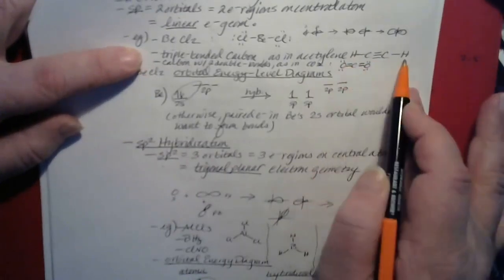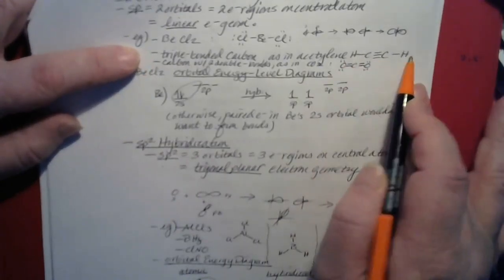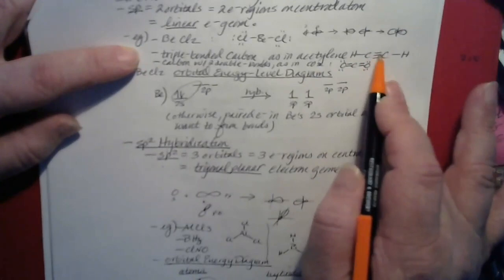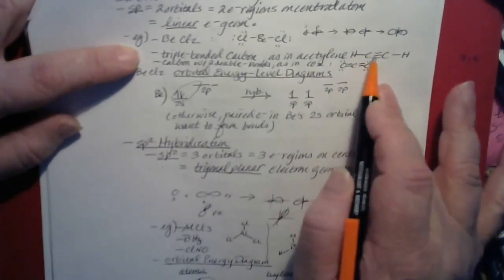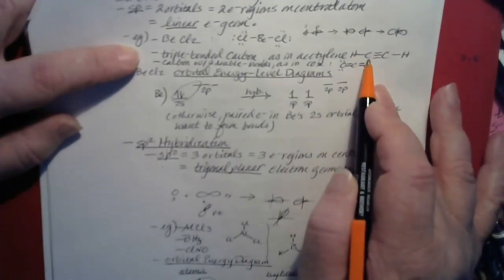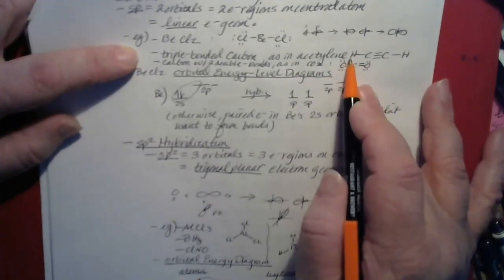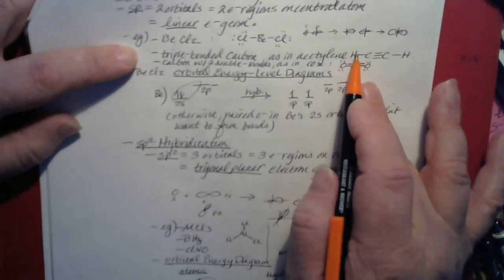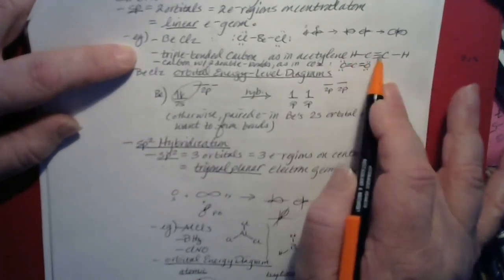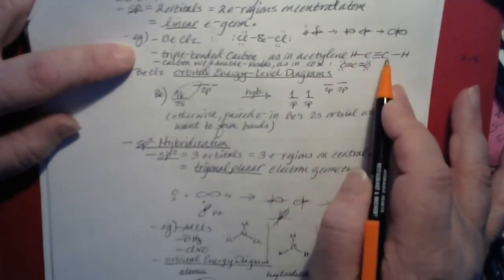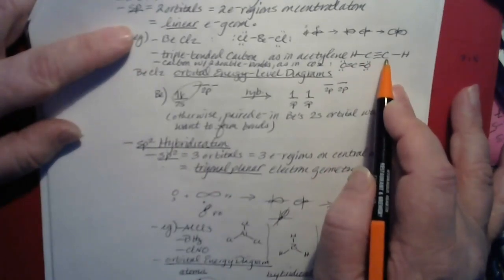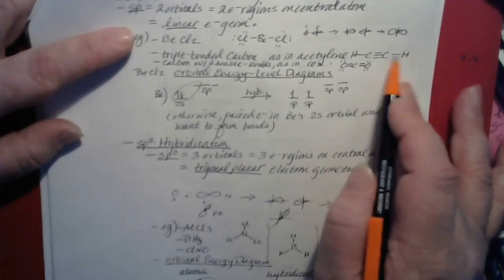This is an example of a molecule that doesn't really have one central atom, so you can look at the carbons individually as central atoms. If you look at the carbon on the left as a central atom, then the hydrogen would be an outer atom, and the CH would be like an outer atom. The arrangement around the carbon on the left is linear. And it's the same thing in reverse for the carbon on the right, linear.